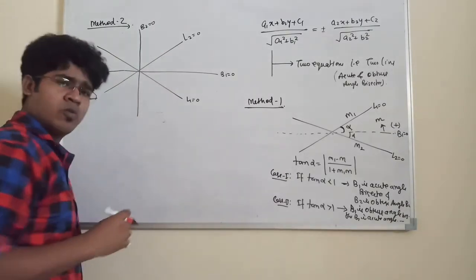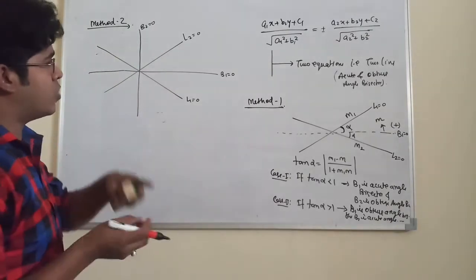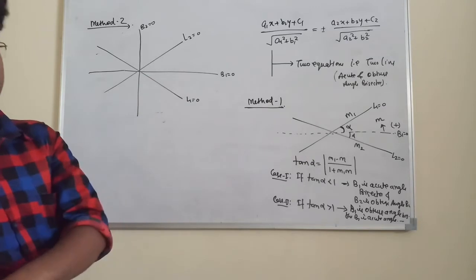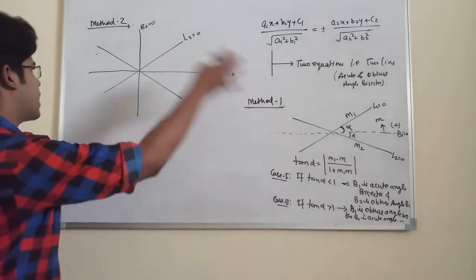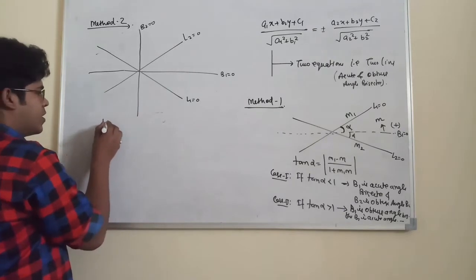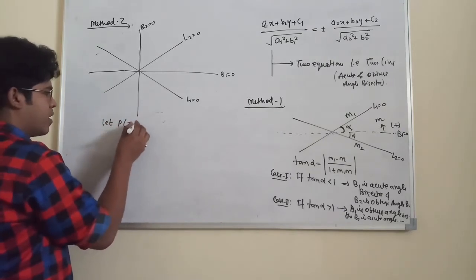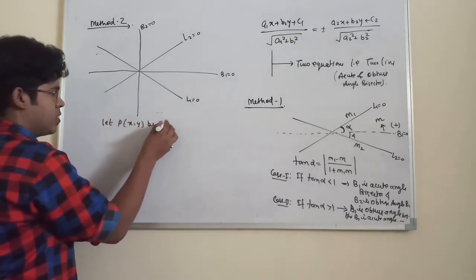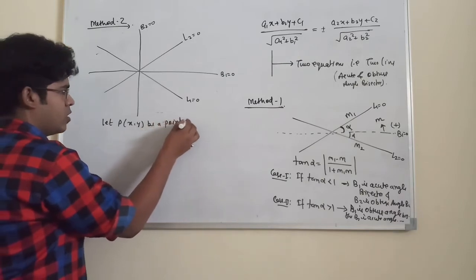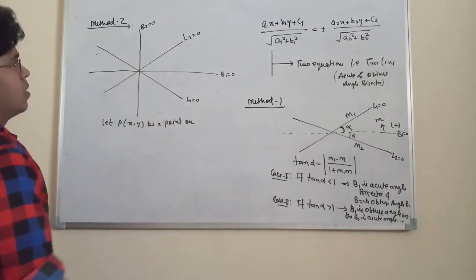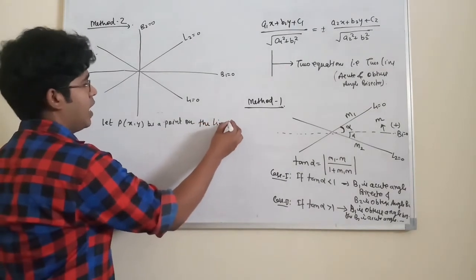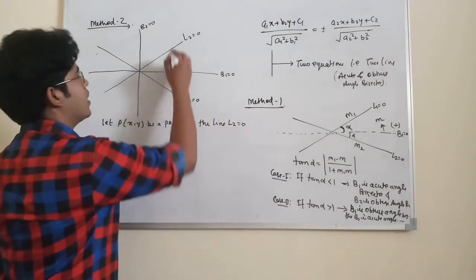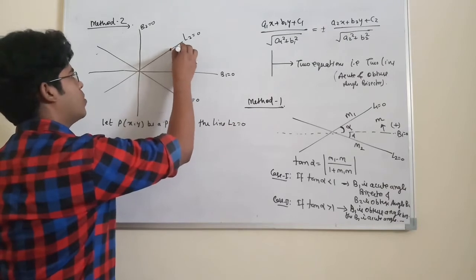Now if anyhow we can find a point either on the line L1 or on the line L2. Suppose I have found, let P(x, y) be a point on the line L2 equal to 0.